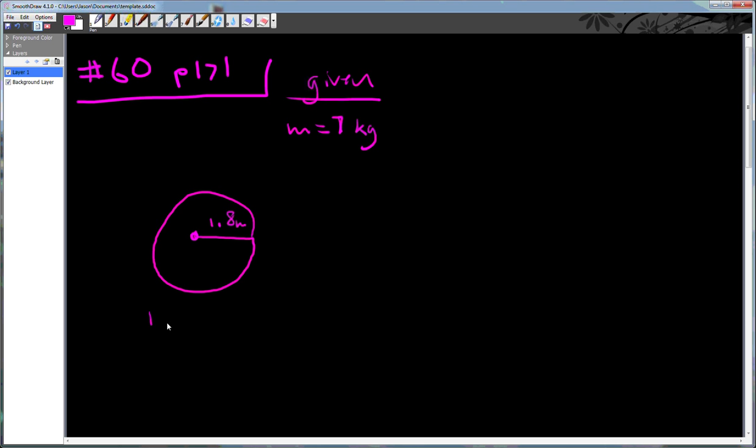So 1 revolution per second. What is the centripetal acceleration?